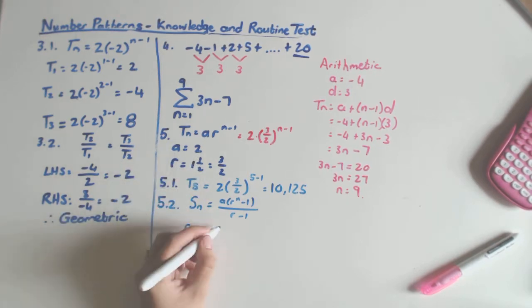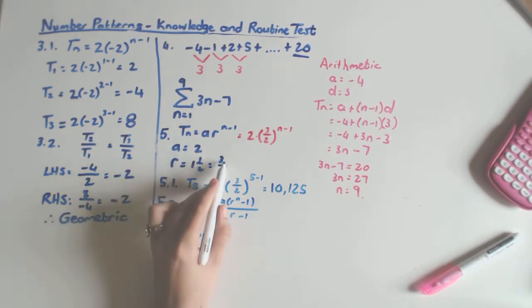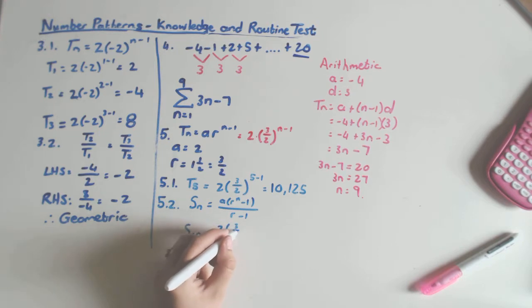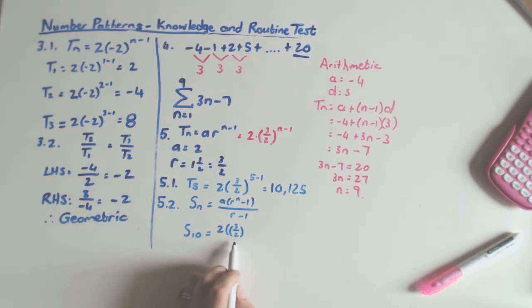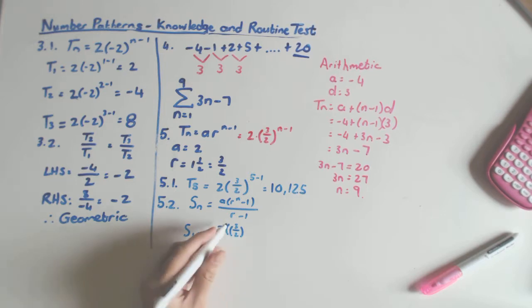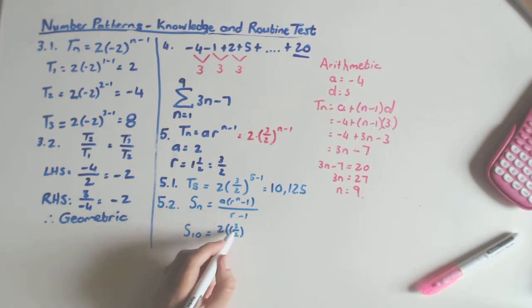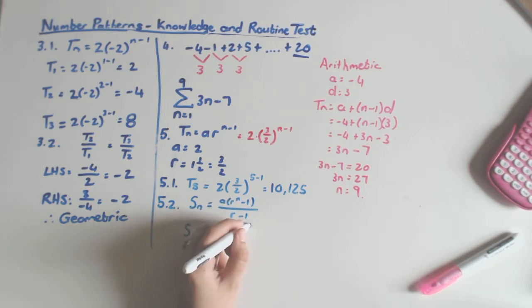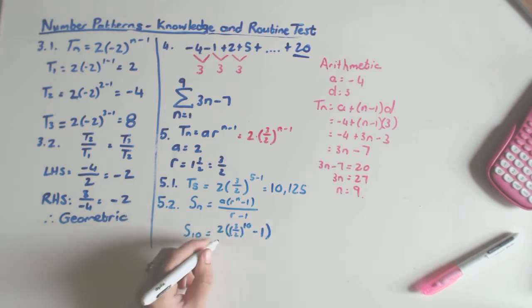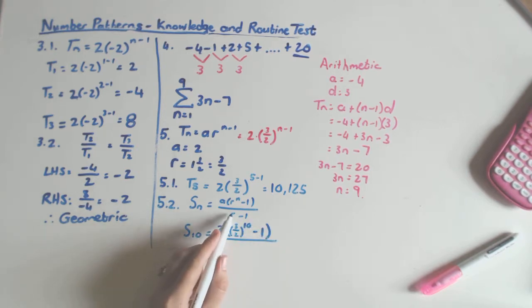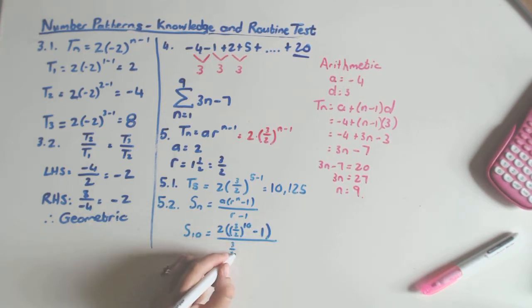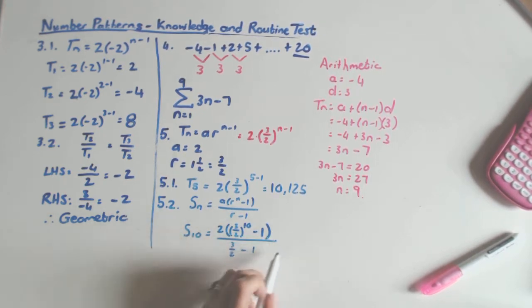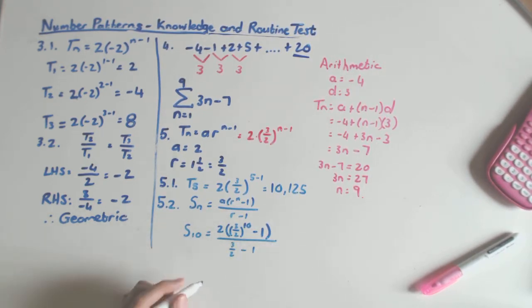So my a value is 2, my r value is 3/2, and I'm just going to put some brackets over there also. I know it seems like double brackets, but my r value to the power of n, which is 10, minus 1, over r, which is 3/2 minus 1, and you can just put all of this in your calculator.